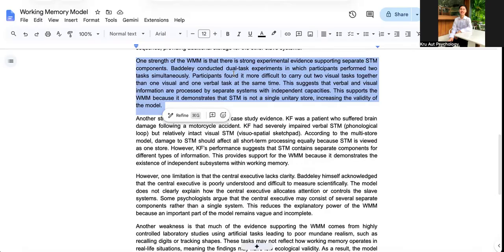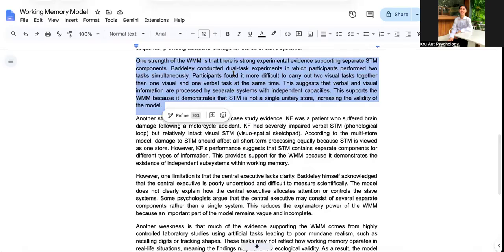So participants found it more difficult to carry out two visual tasks together. Just give examples of what tasks, than one visual task and one verbal task at the same time. It's the same idea as saying they can do different tasks at the same time, but find it more difficult to perform two verbal tasks together.